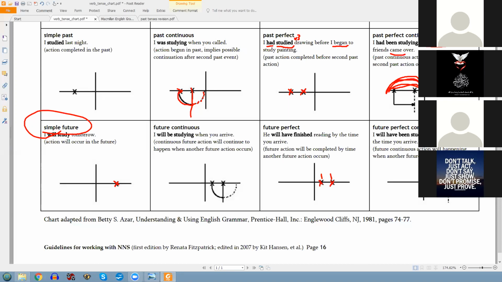It's about how much time the future action will occur. So I will have been studying for 2 hours by the time you arrive. The patient will have been taking his medication for 2 weeks before his operation. That's what you could use it for: the amount of time you anticipate some action will occur.